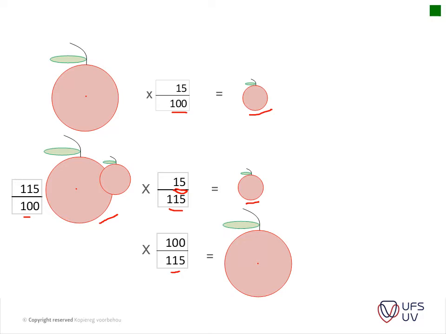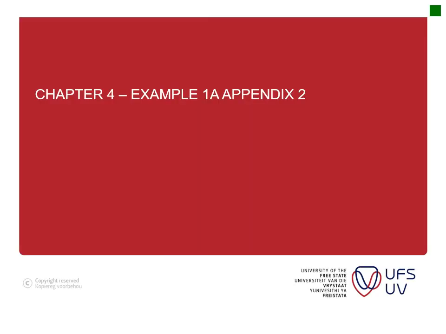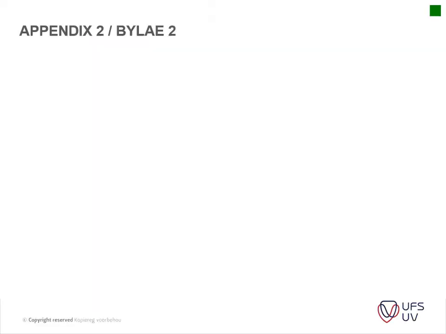Okay, cool. So let's get into Appendix 2, and you will see we're going to look at the story enclosure method. That's explained in the next slides. I want you to go to your annexure or Appendix 2 and your example 2.